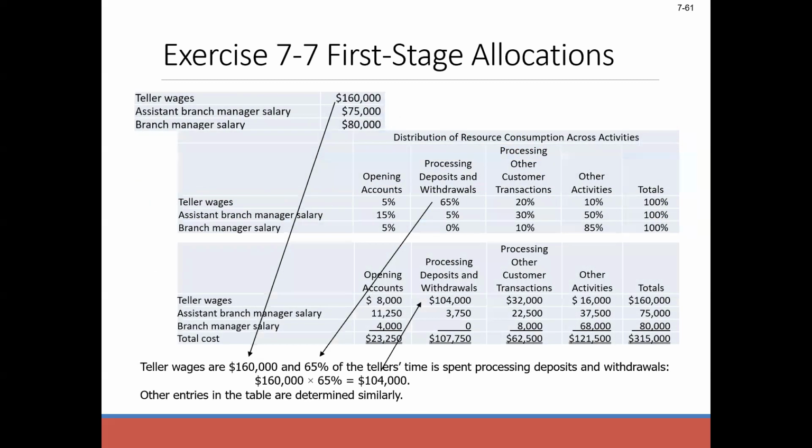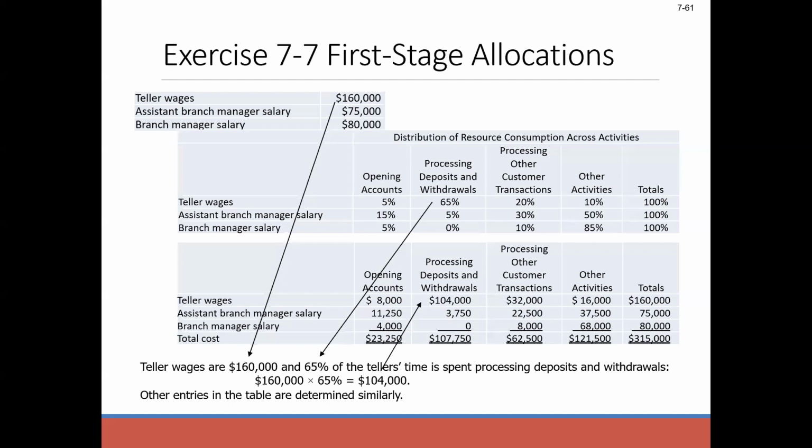So what are we going to do? We're going to take the wages. The teller wages are at 160,000, and 65% of those teller wages are spent processing deposits and withdrawals.